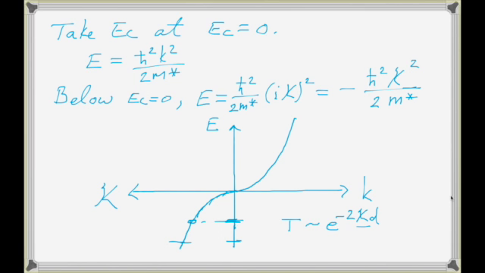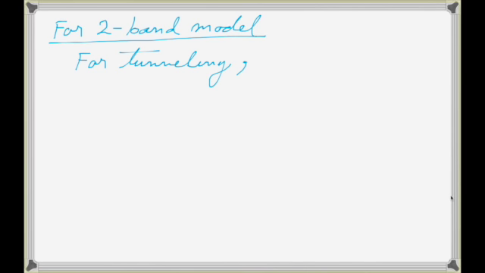So let's look at what that means for this two-band model. So for tunneling, we're going to take our E-k relation that we derived, and we're going to replace k by iκ.